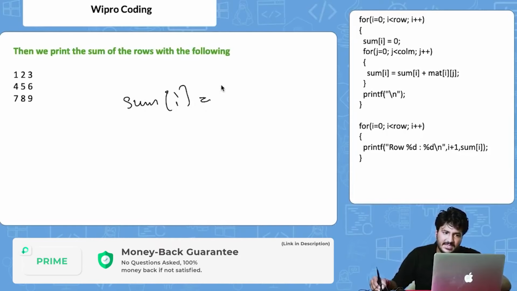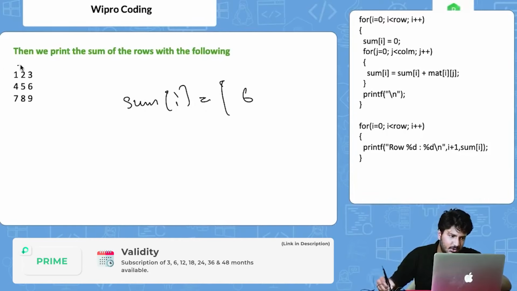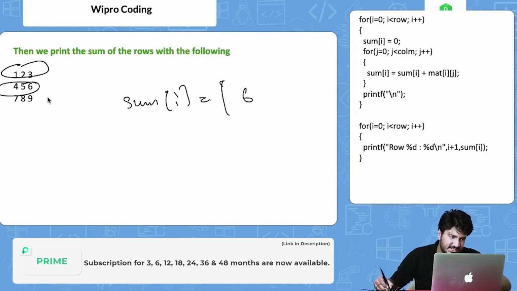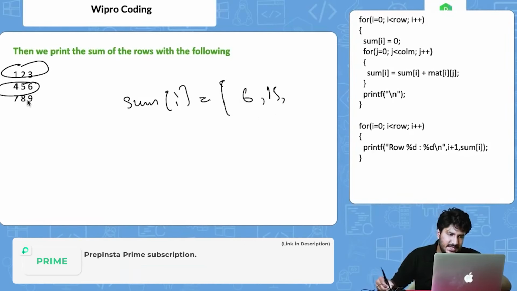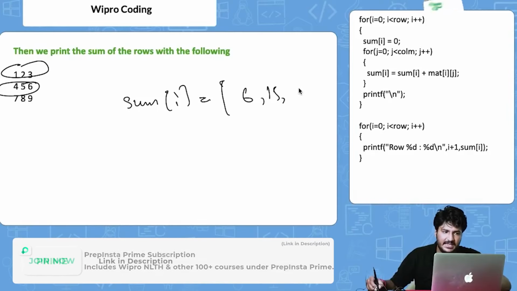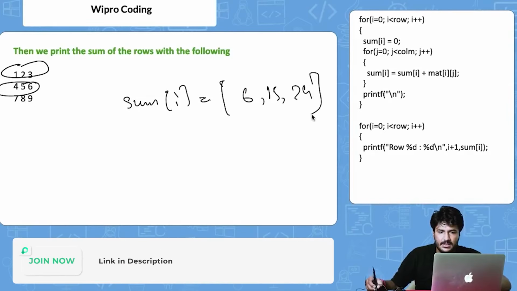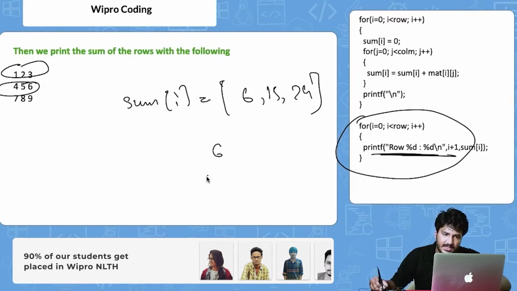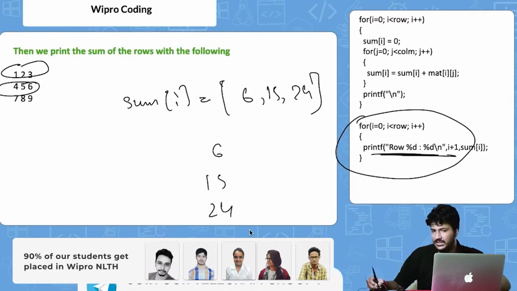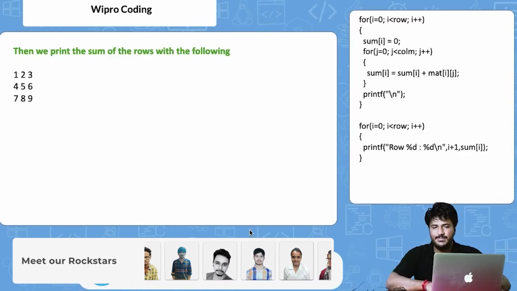Now sum of i is basically 6 from all of these. Then here it is basically 4 plus 5, 9, then 15. And then 7 plus 8 is basically 15, 15 plus 9 is equal to 24. Right. Now basically we are iterating upon this and printing it. So 6 will get printed, 15 will get printed, 24 will get printed. Right. So very basic thing.